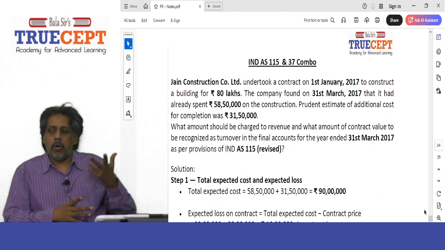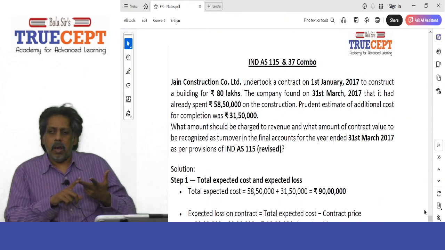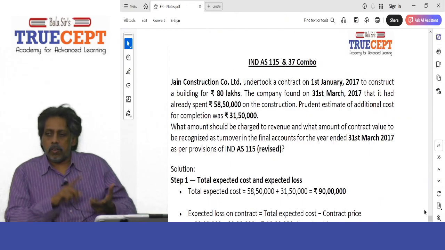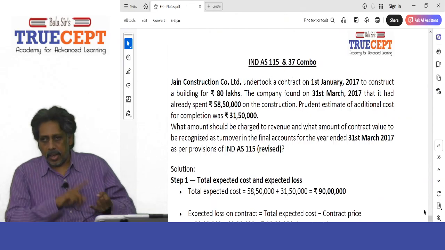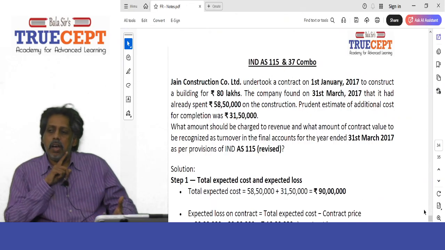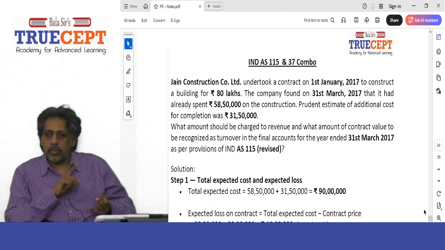Okay, so let us go ahead and take on the solution. Now let me explain these terms. What is the amount of contract revenue or transaction price? It is 80 lakh. And what is the cost incurred for the year?